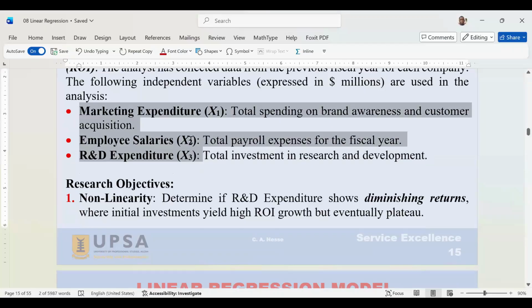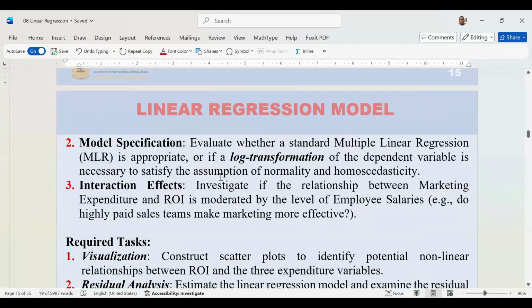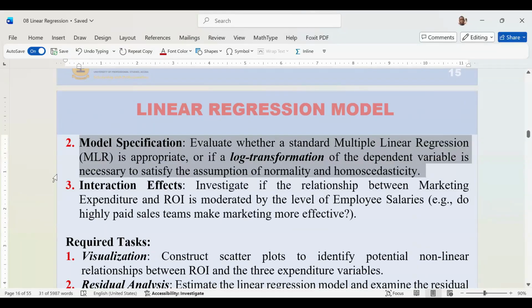So what's the research objective? Number 1, please read for me very fast. Determine if R&D expenditure shows diminishing returns, where initial investment yields high return on investment growth, but eventually plateaus. That's one of our research objectives. The second one is the model specification.